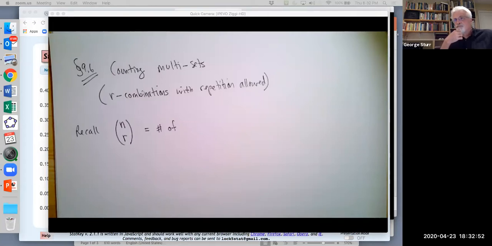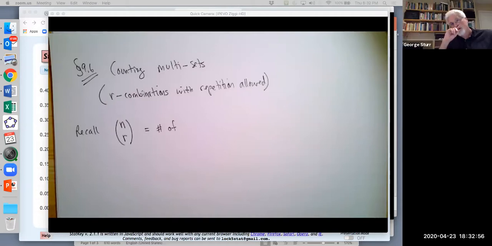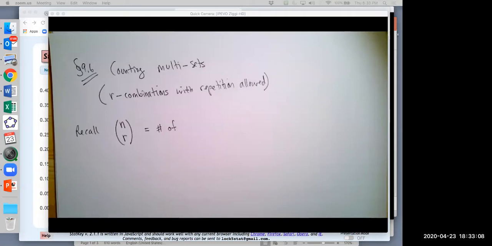Volunteer. Total number of permutations? Not permutations. Permutations involves rearranging, ordering. Are combinations of n objects?